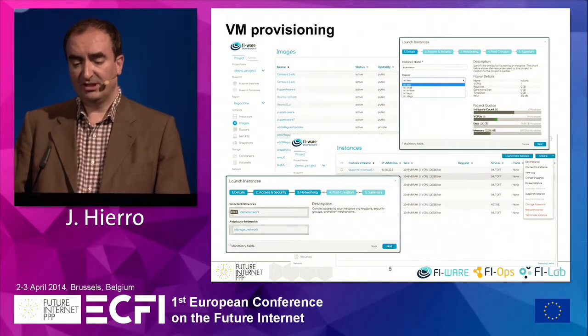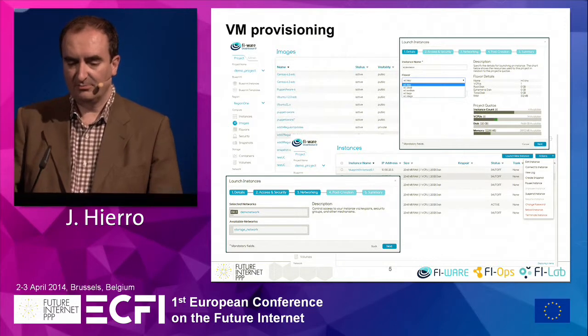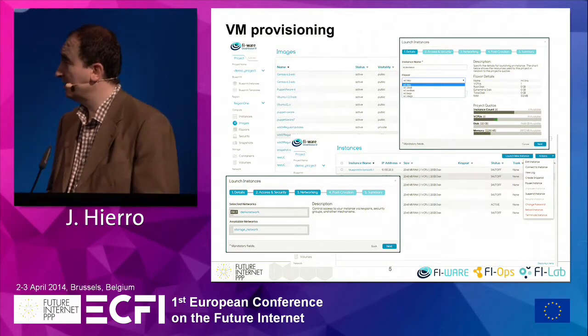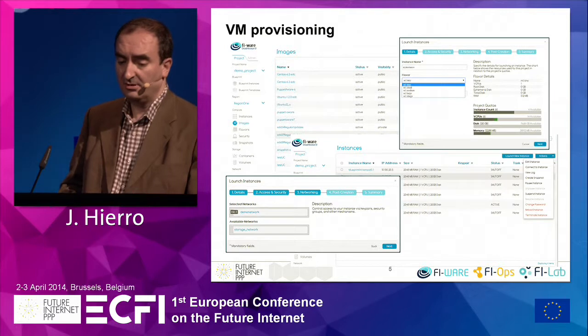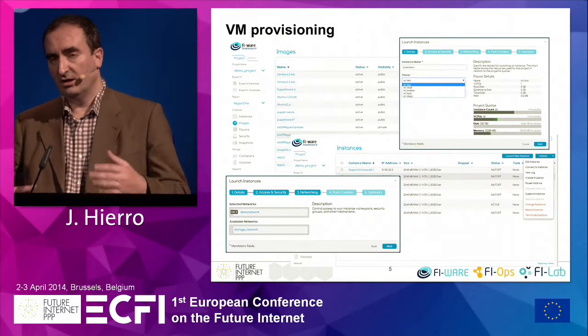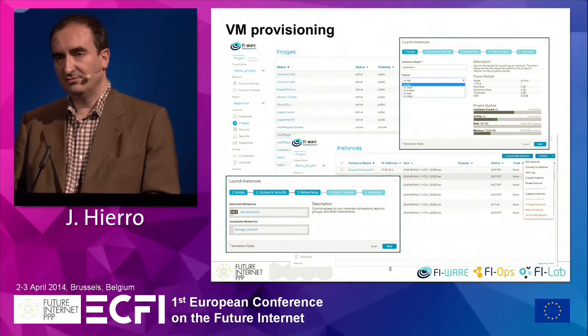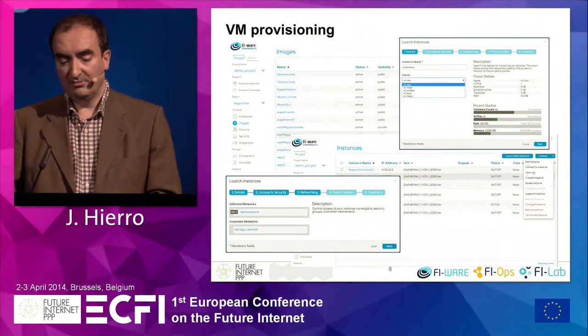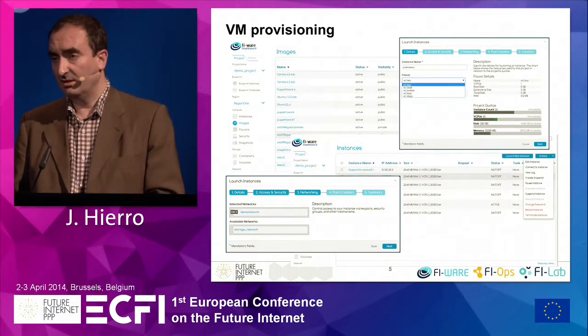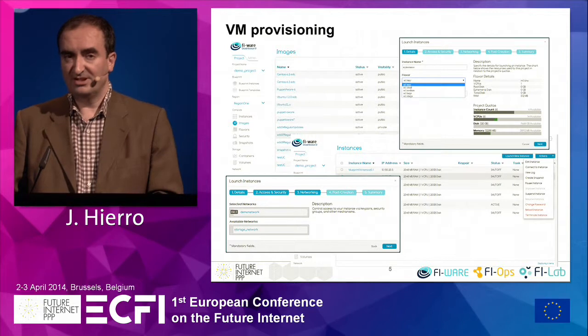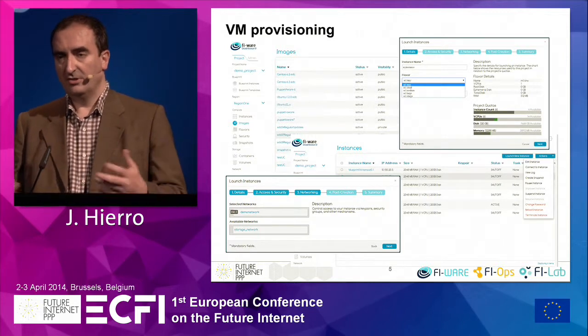Very quickly, because it would be difficult through a demo, I have here a couple of snapshots that will help me to go through the different functions that you will have available. The very basic thing that you will be able to achieve is launching virtual machines.